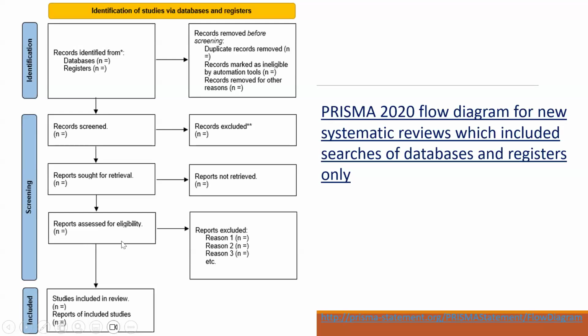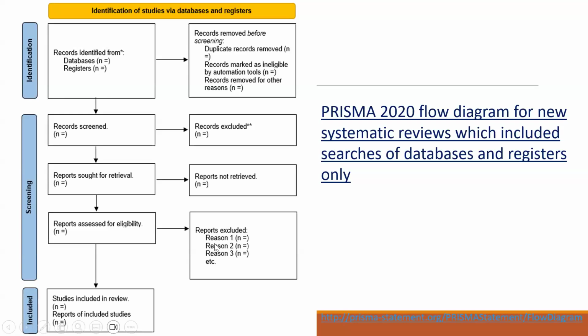And here you have to provide the reasons for the exclusion of the studies after reading the full text. In the template they have mentioned reason 1, reason 2 and reason 3. What you can do is write the exact reason. Like in your Rayyan class, you might have seen the different reason options in the Rayyan software itself. There you can mention wrong outcome, wrong design, wrong publication type, or wrong intervention.